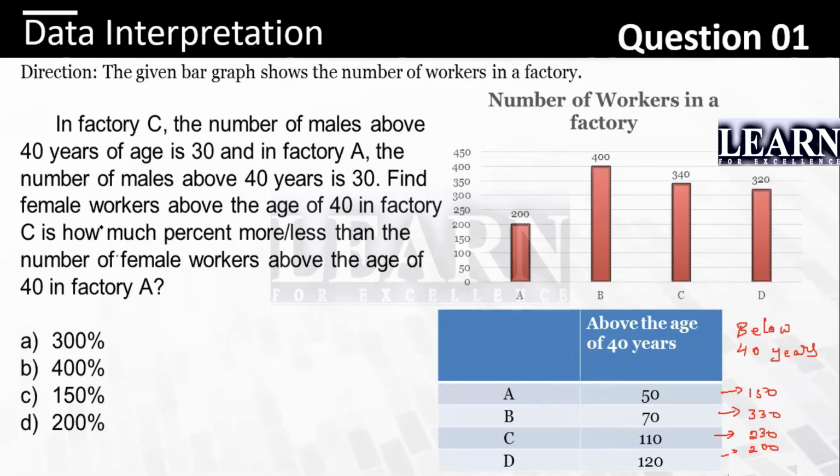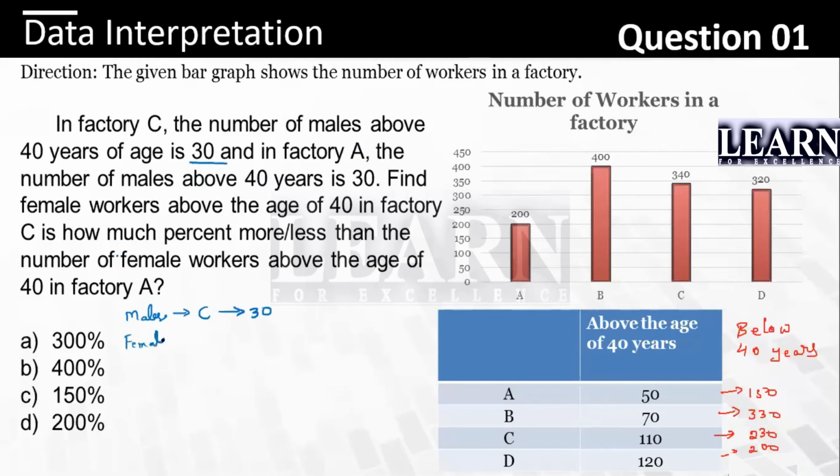So they have told the number of males in factory C. How much, guys? Males in C is 30, right? They have already given this. Next, what is the number of females in factory C?